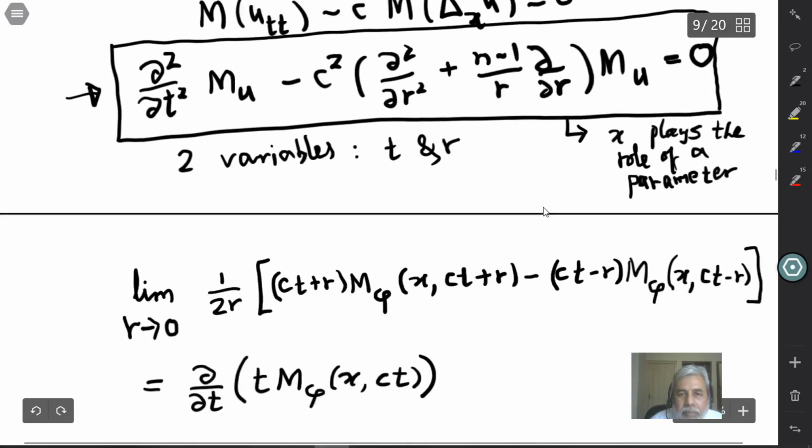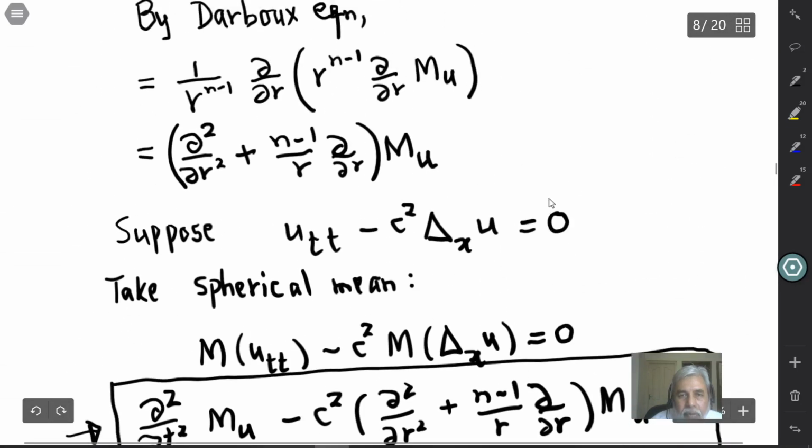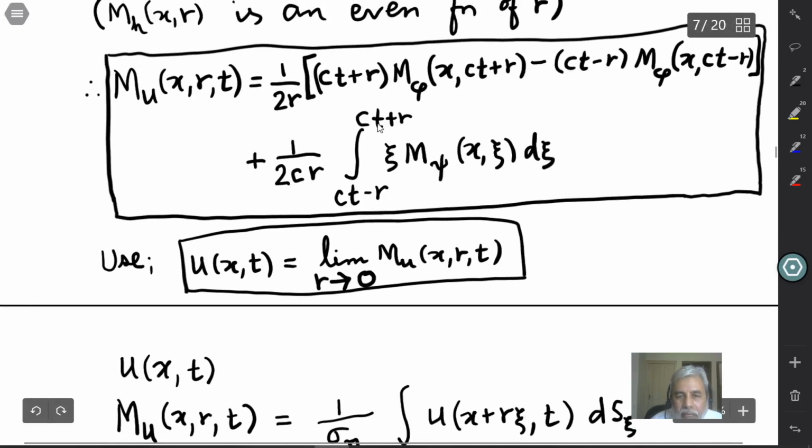The second one is much easier, that's the integral. Here it's just the integral, so you get the mean value of this integral.